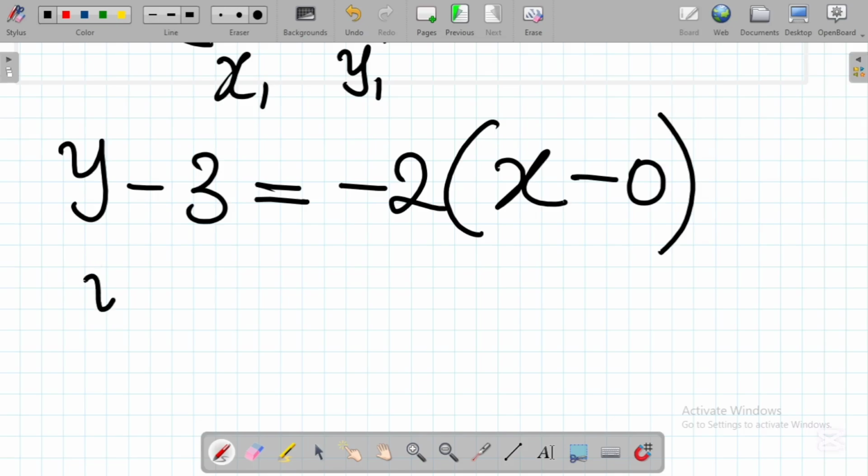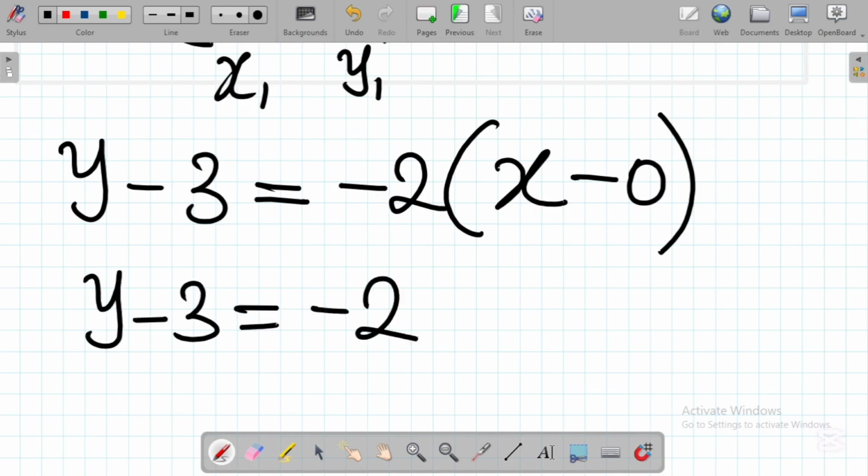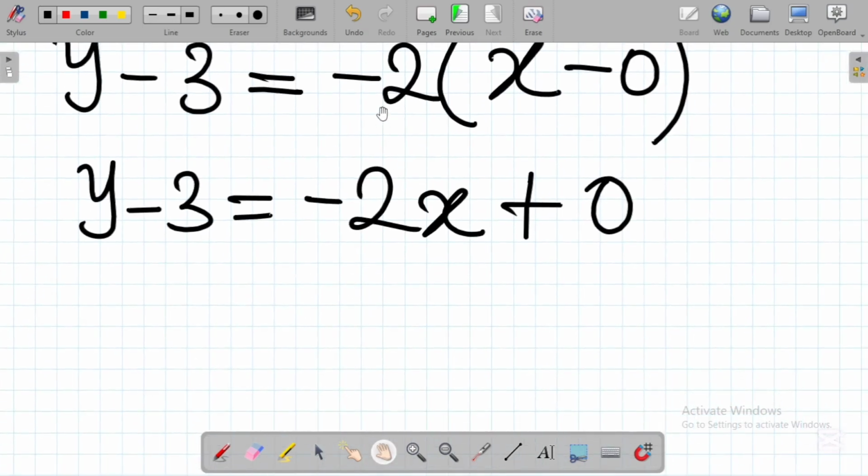So therefore, y minus 3 is equal to -2 multiplied by x gives us -2x plus 0. -2 multiplied by -0 gives us +0. That's why we have plus 0 here. So therefore, y is equal to, if you move -3 to the right hand side, it becomes +3.